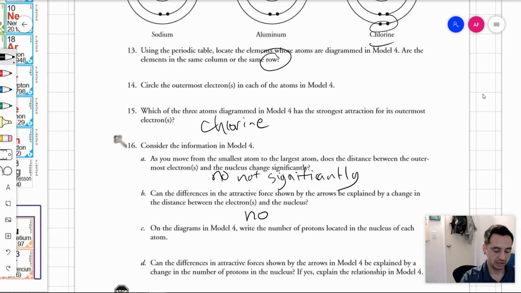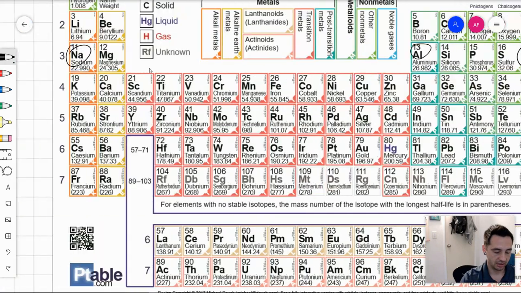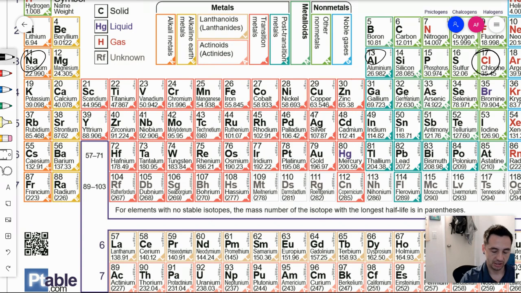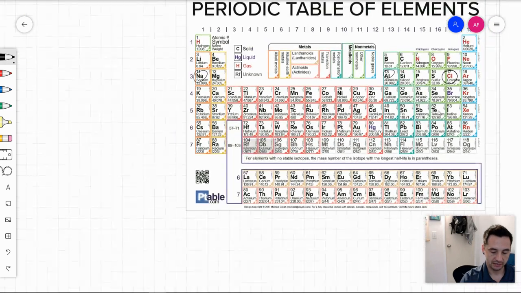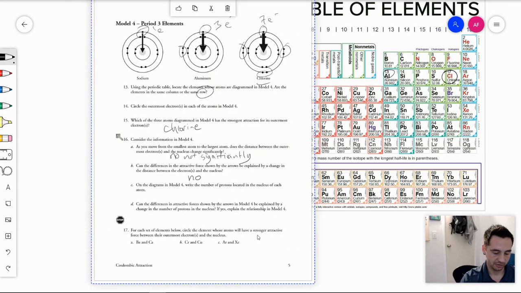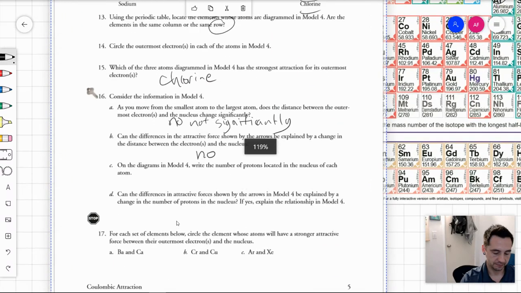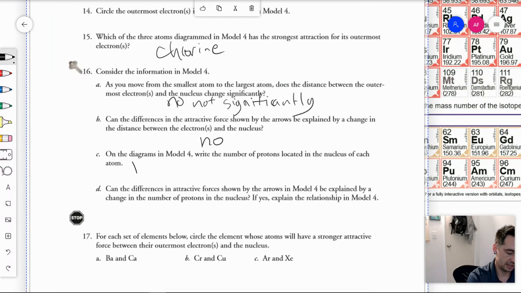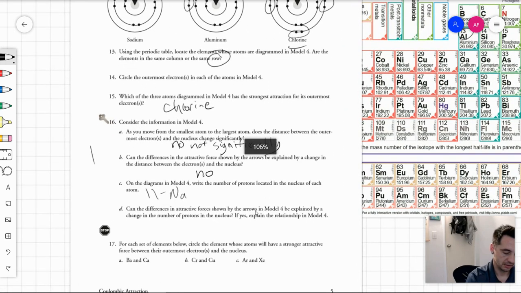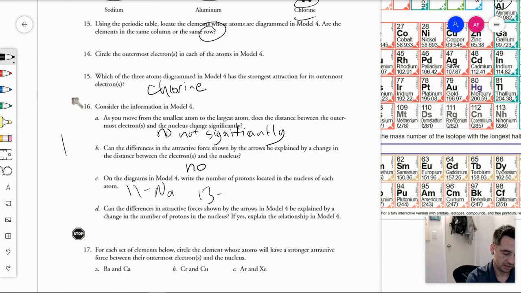If we look at the number of protons, sodium has 11, aluminum has 13, and chlorine has 17. So 11 for sodium, 13 for aluminum, and 17 for chlorine.